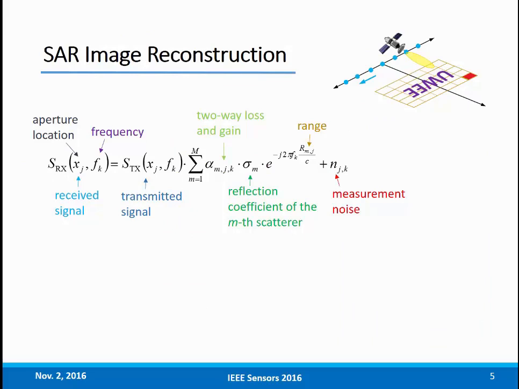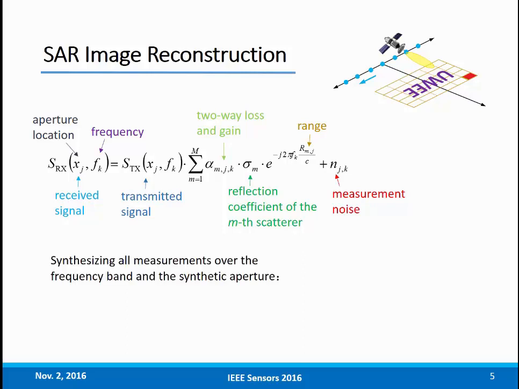To reconstruct an image of the scene in traditional SAR, we assume there are m point-like scatterers in the imaging area. The received signal at each frequency of each aperture location is the sum of all the backscatter signal reflected by the point-like scatterers, giving consideration of the two-way path loss, the gain, and the measurement noise.